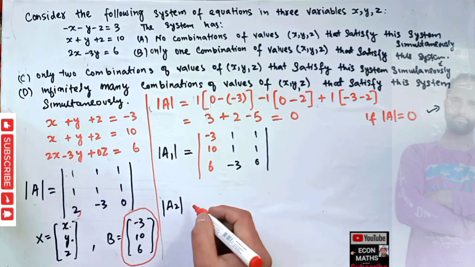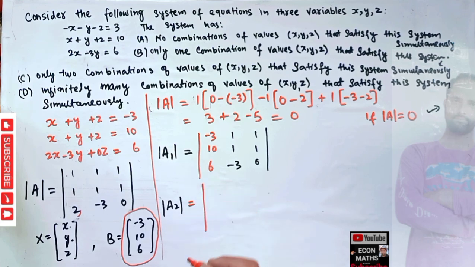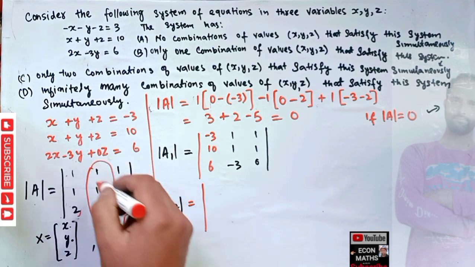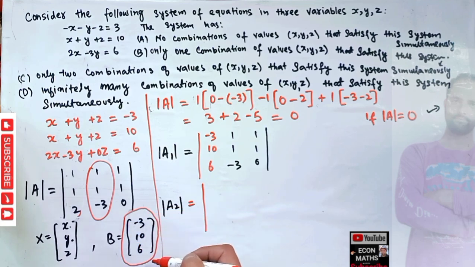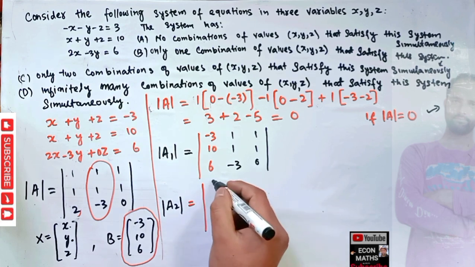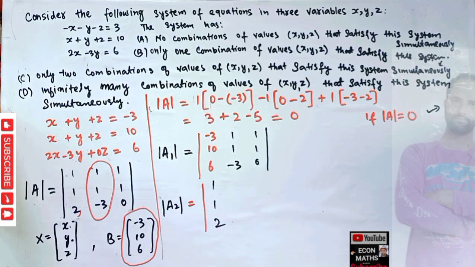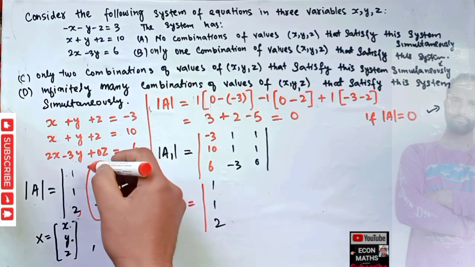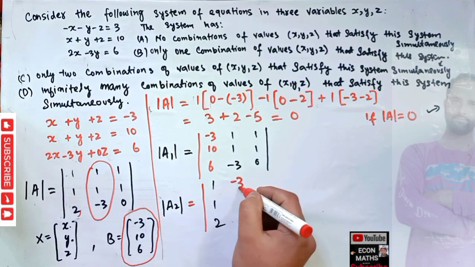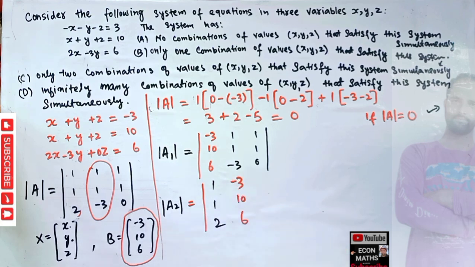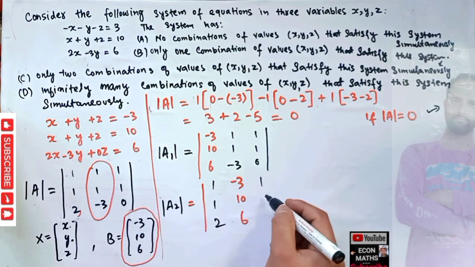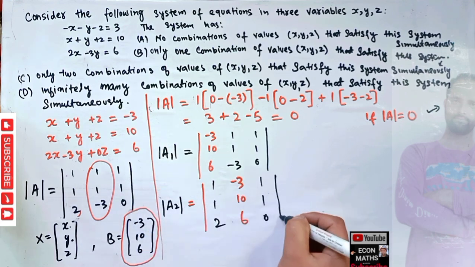We form a new matrix in such a way that we replace the second column with the vector of constant terms. So the new matrix will be like this: 1 1 2. Then in place of this we write -3 10 6, and similarly we have 1 1 0 to get the value of what we call a2.